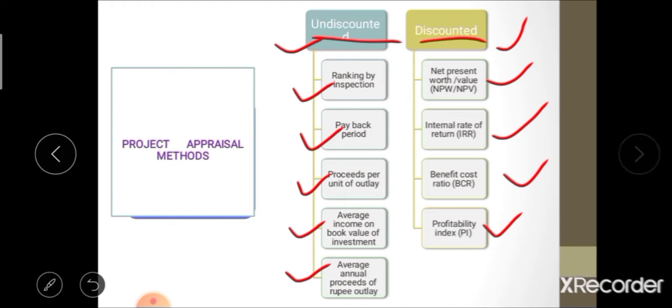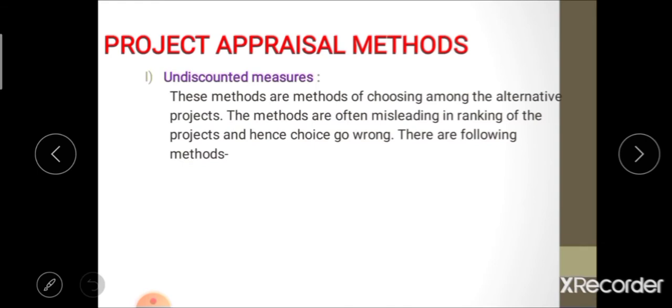First of all, we study in detail project appraisal methods, that is undiscounted measures of project appraisal. Undiscounted measures are nothing but choosing among the alternatives of the project. That means in this method of project appraisal, time value of money is not considered while calculation of project cost and benefit.